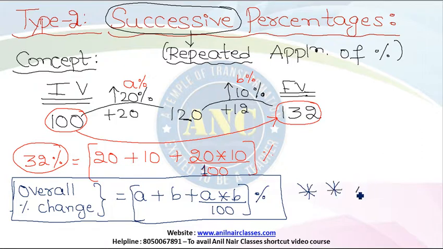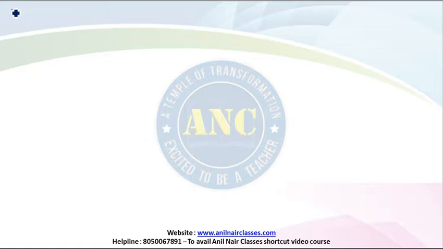Extremely important notation for so many concepts. I will solve questions using this concept also in our particular topic called percentage change in area. Change is nothing but increase or decrease, right? It can be either an increase or a decrease. So I will solve some questions also using this concept, percentage change, successive percentage.